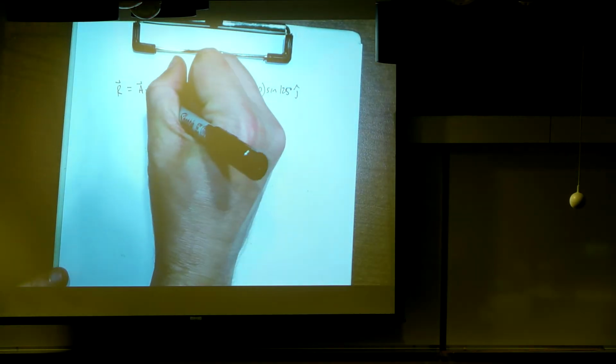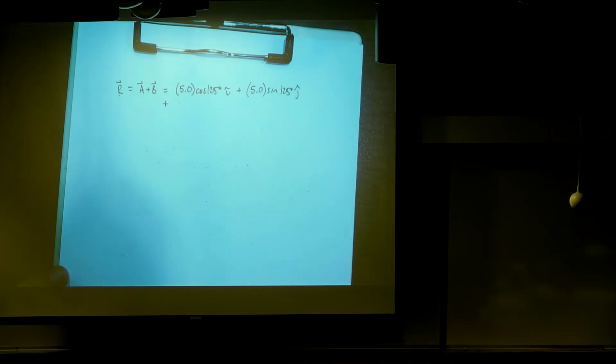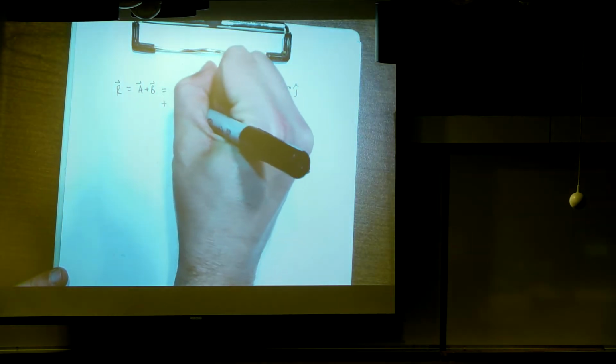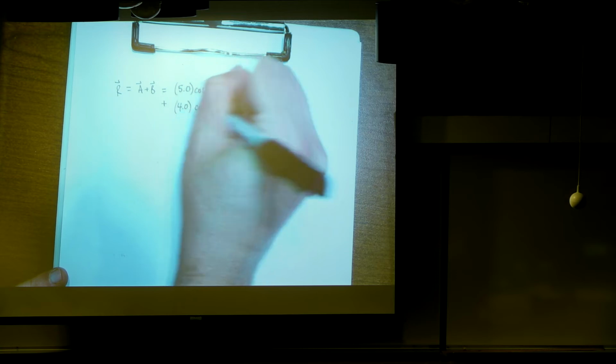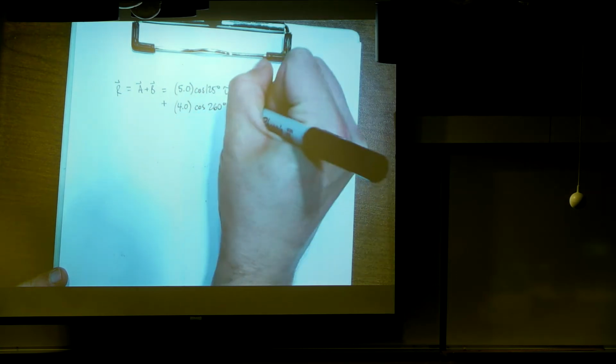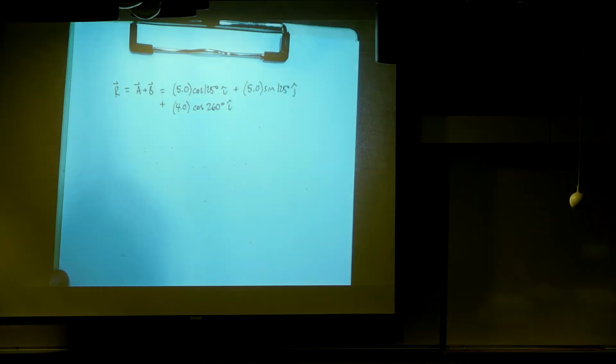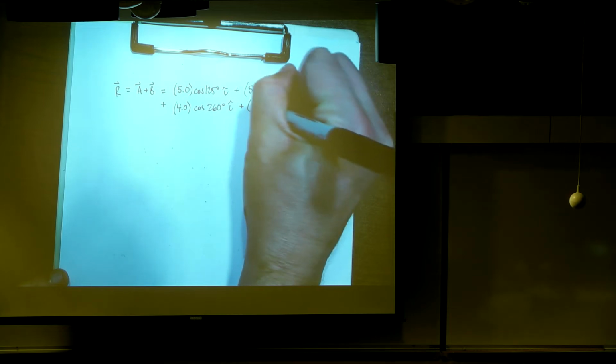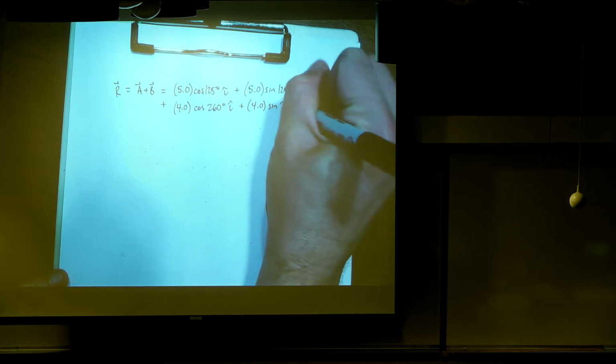And then on the next line, I'll write down vector B. That has a magnitude of 4, angle of 260. So if I take the cosine of the angle multiplied by 4, that's the x component. And for the y component, I have 4 times sine of 260 degrees.